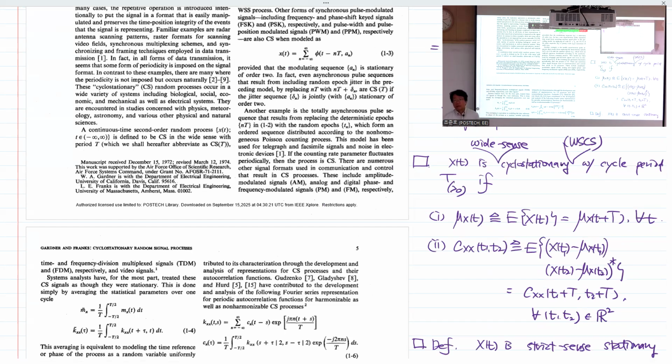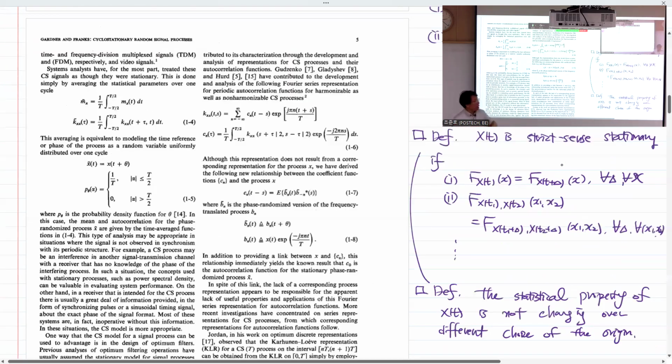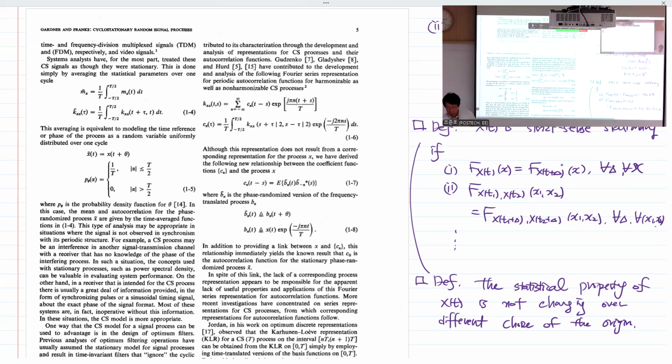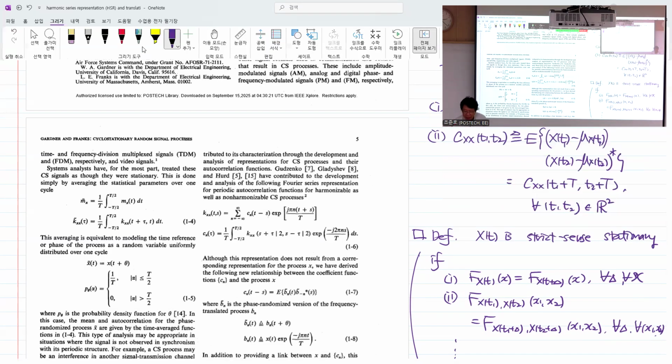It would be very simple if we may define it in this form, like it doesn't matter whether you choose time origin at any point. If that looks difficult, then what? This is the very choice of you. So you think similar to Kolmogorov. So I'm not going to write it here, but okay, let me write. Okay, let me write here. So, okay.